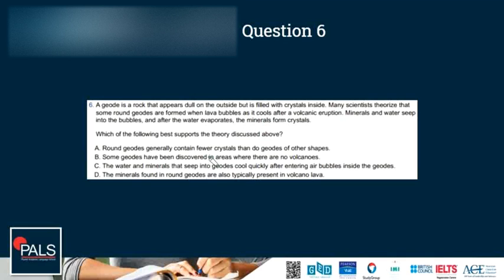It would more reject our theory above, because the theory above says that geodes are formed by lava bubbles as they cool down. So if there were geodes found in areas that are not related to volcanic eruptions, that would refute this theory or hypothesis, not support it. So we can exclude answer B as well.